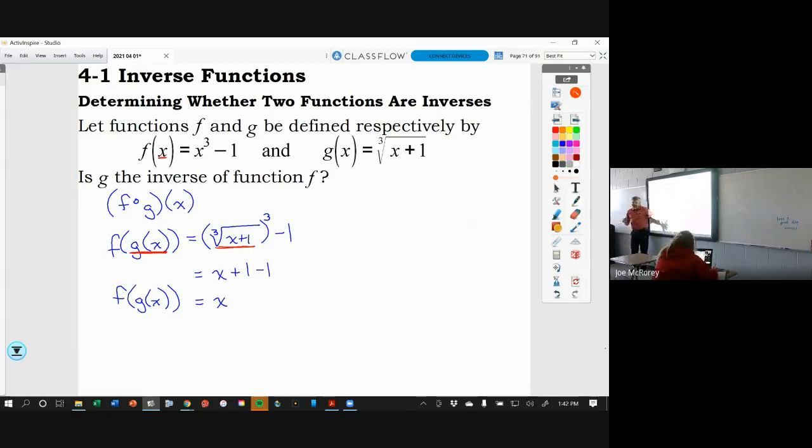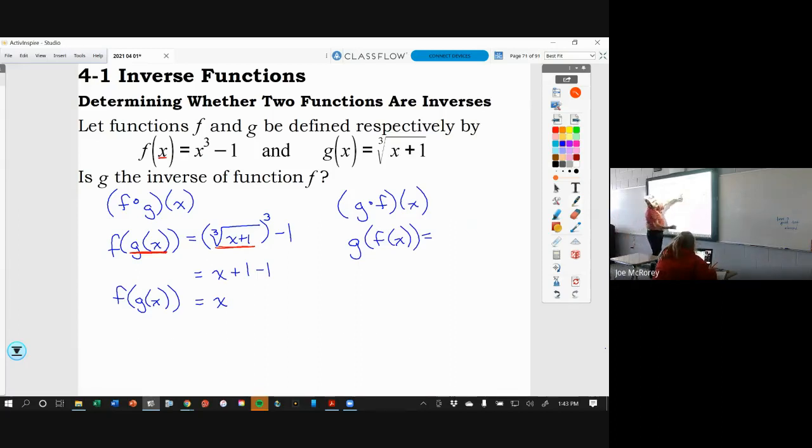But because I got x, I now have to check g of f of x because they both have to be true. So I want the g function, and anywhere there's an x, I'll replace the x with the f function.